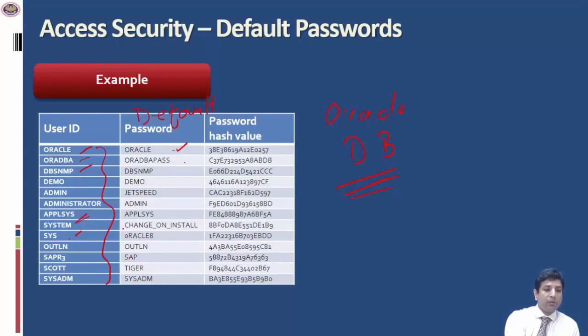We need to be careful about this specific ID. So for system, the password itself is mentioned as change on install. However, if you go and see at many companies, this password will not be changed at all. So we need to be careful and sensitize the companies to make these changes. Otherwise, anyone in the market, this is freely available on internet.